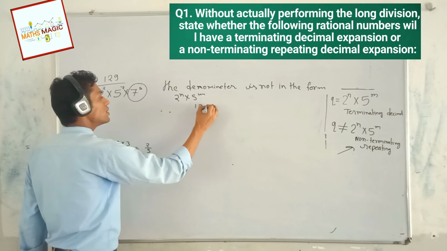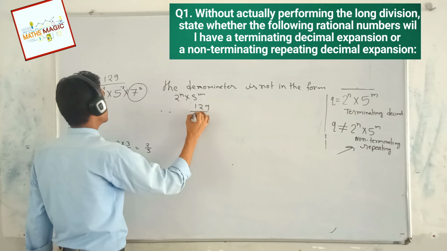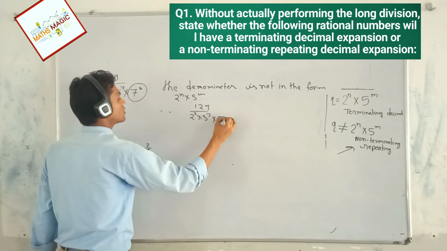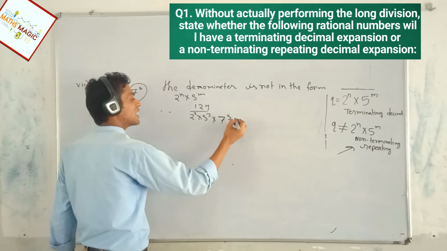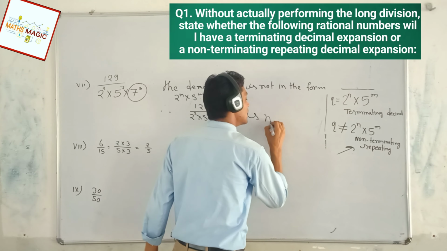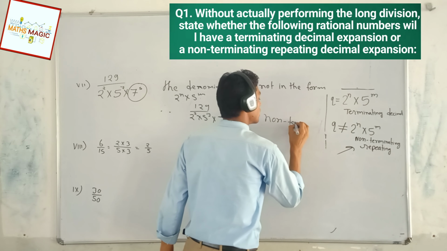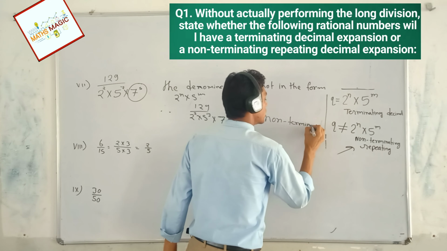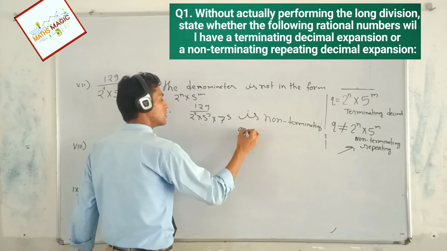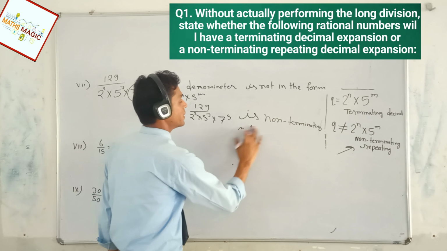Therefore 129 upon 2 to the power 2, 5 to the power 7 and 7 to the power 5 is non-terminating and repeating.